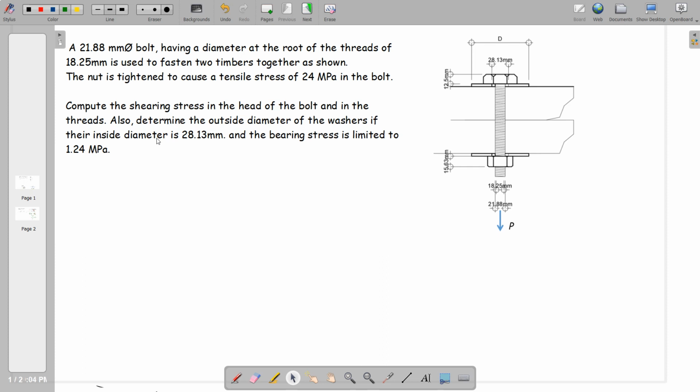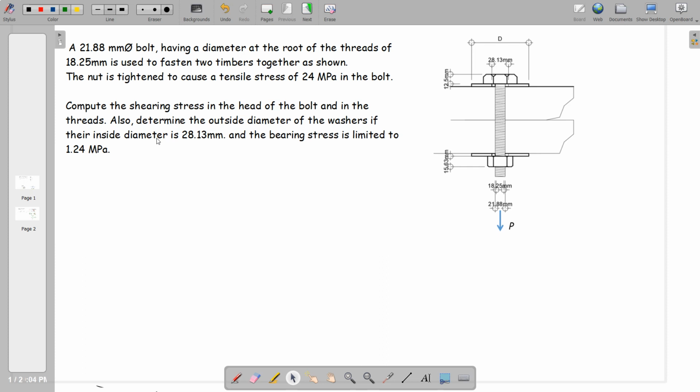Compute the shearing stress in the head of the bolt and in the threads. Also, determine the outside diameter of the washers if their inside diameter is 28.13 millimeters. The bearing stress is limited to 1.24 megapascal.